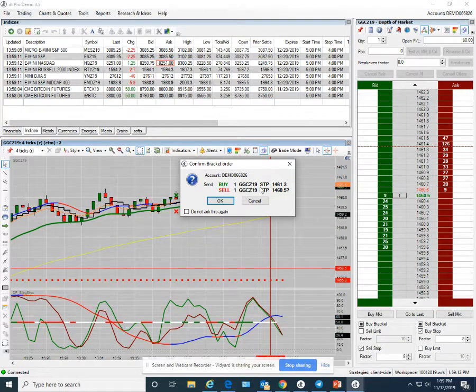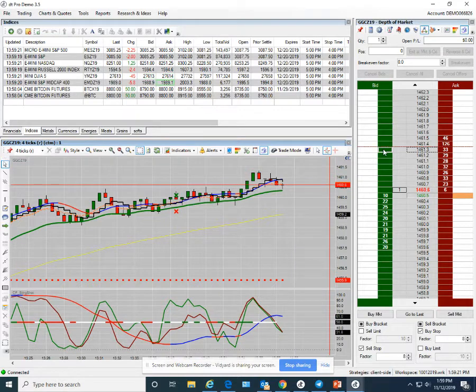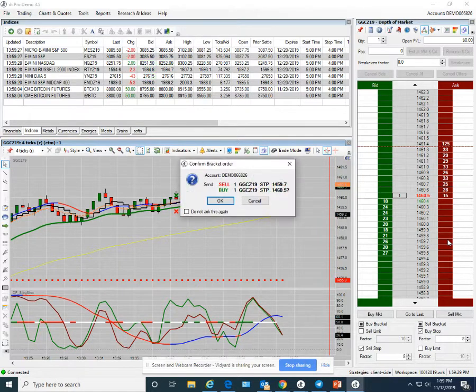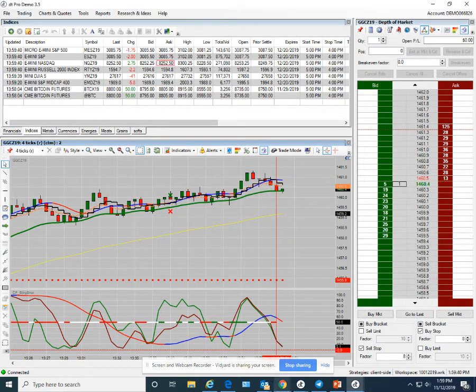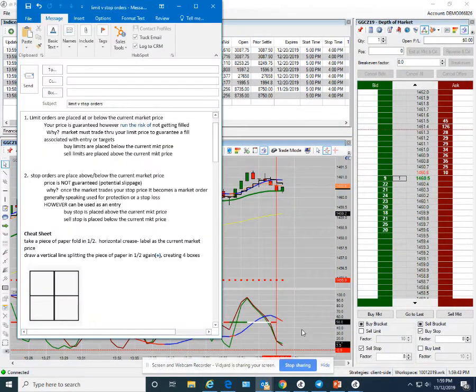Buying it on a stop at 1461.30 is greater than 1460.5. So you're trying to buy it above the current market price. If we were trying to short it below the current market price, selling it at 1459.70 is less than 1460.5, so that is a valid sell stop. So we're buying and selling above and below the current market price.